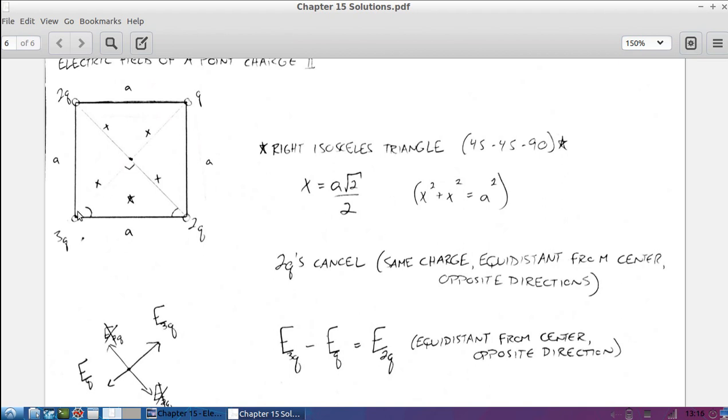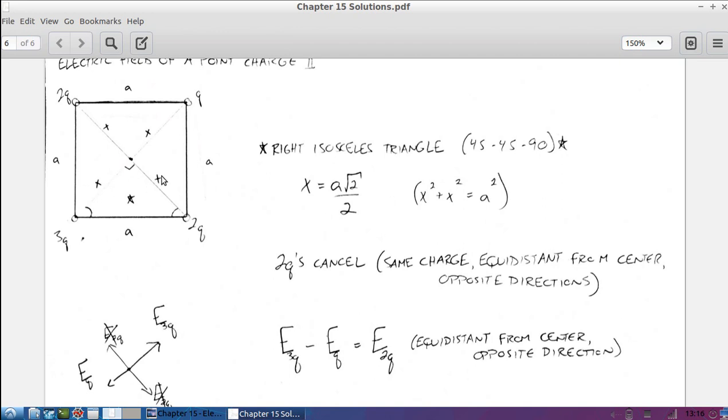I'm looking for this distance. I'm calling it x. If you don't recognize that it's x root 2, or you don't recognize some other ratio of a 45, 45, 90 in here to get an expression for x, you can always use the Pythagorean theorem.